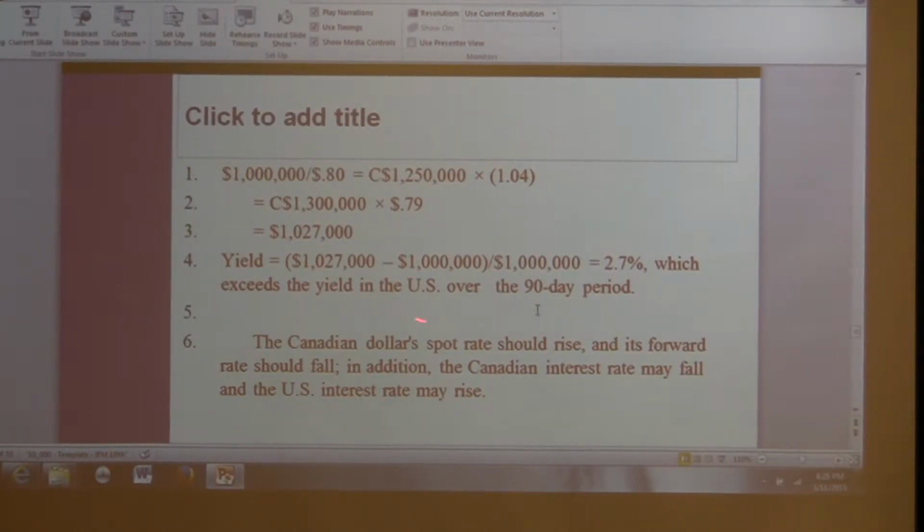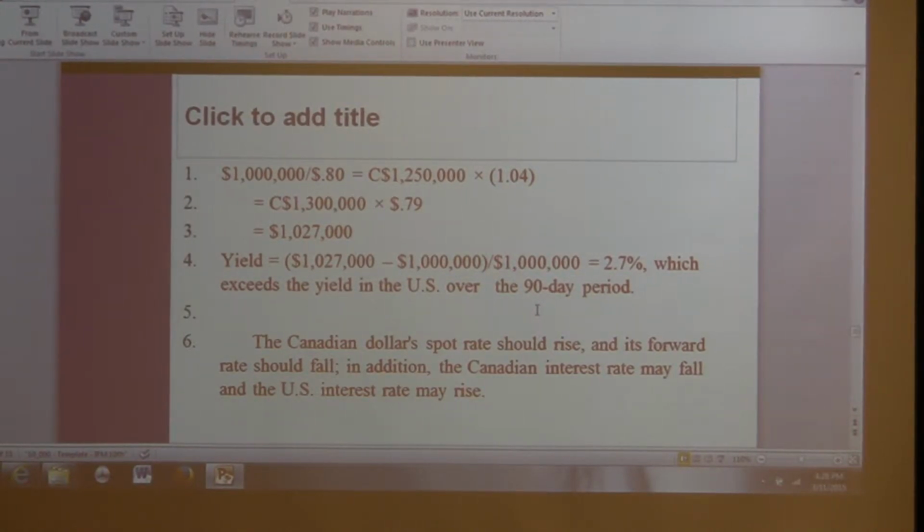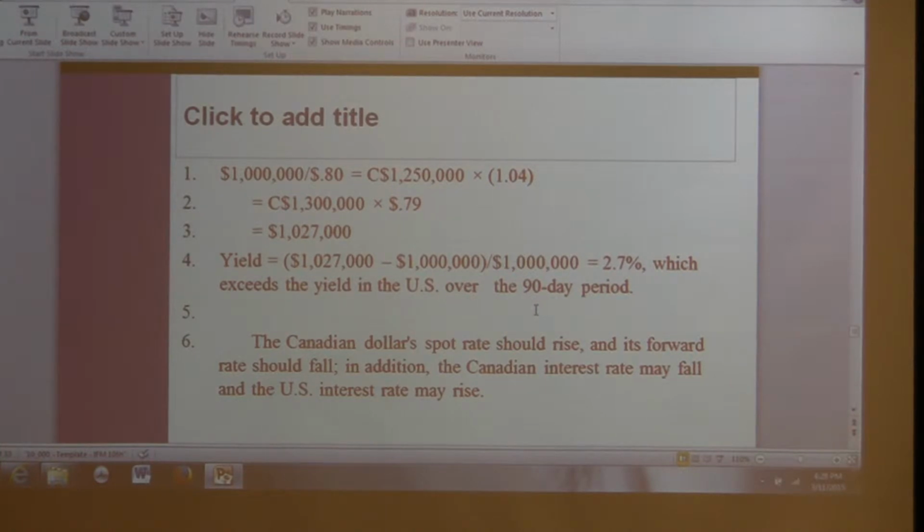So here, what we see is that when the company does this, they make 2.7%. If they kept the money in the US, they would make 2.5%. Now, what do you think might happen in practice if everybody is going to do that? Everybody sells the Canadian dollar forward contract, chances are the forward price will go down. So that's what we see here.